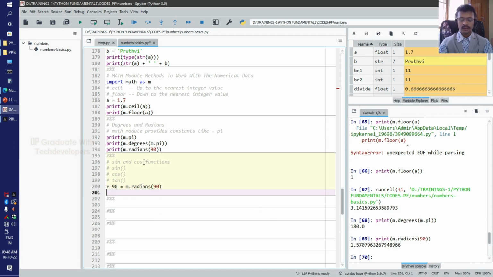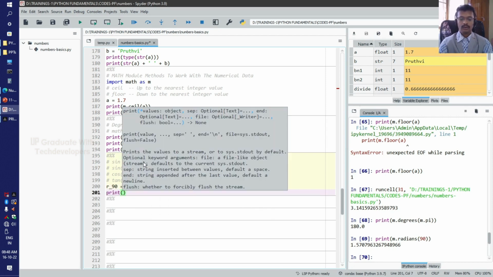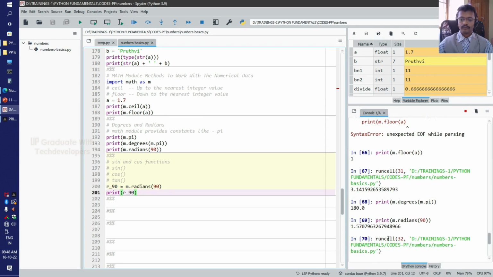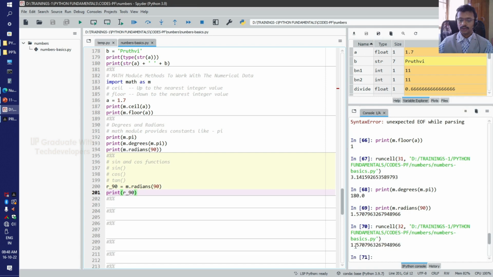So we have created the 90 degree in radians, using the radians function m dot radians. That is 1.570 and something, a floating point value. This is radians.